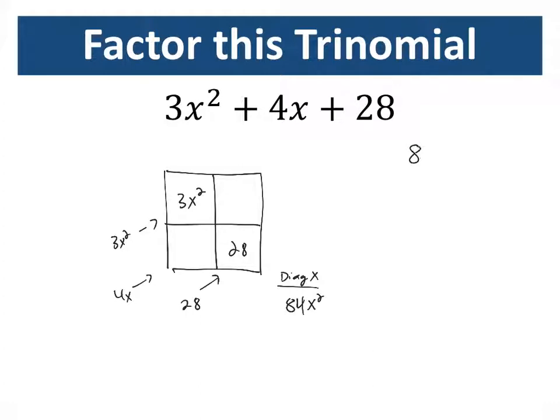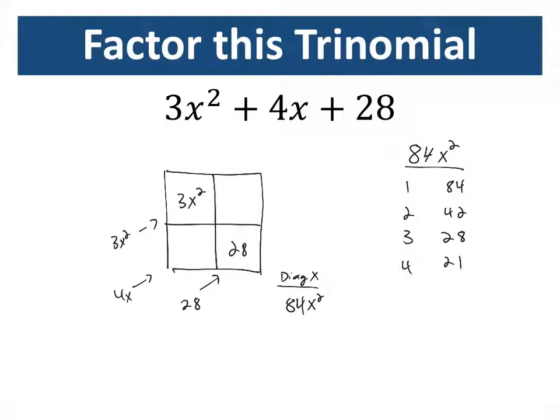So I'm looking for things that multiply to 84x squared. So 1 and 84, 2 and 42, 3 and 28, 84 divided by 4. I'm using a calculator to help me. 4 and 21.